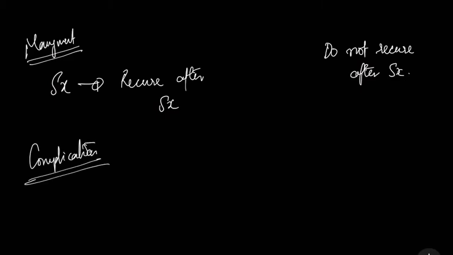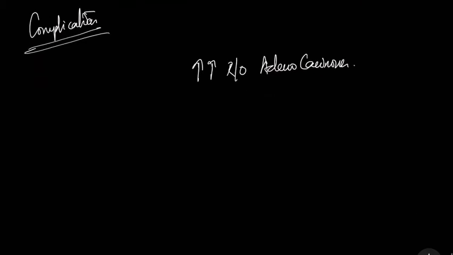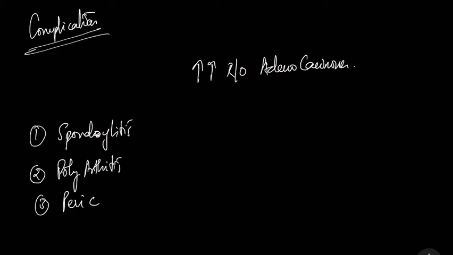Now let's have a look at the complications. The first complication that is common to both, your Crohn's disease and ulcerative colitis, is increase in risk of adenocarcinoma. Now let's go through the individual complications. For Crohn's disease, it is your spondylitis, then there's your polyarthritis and pericholangitis.